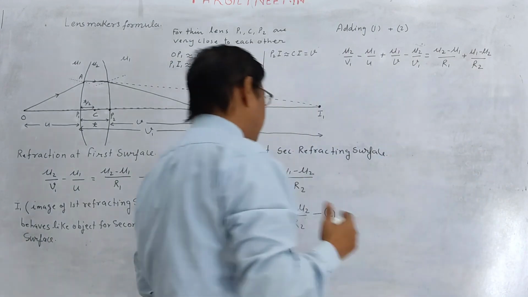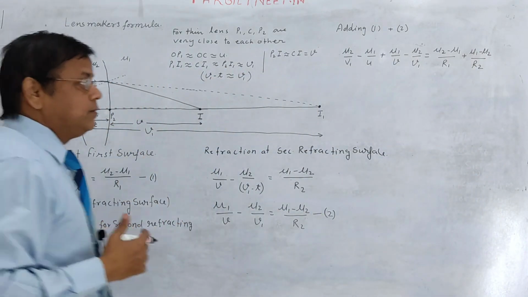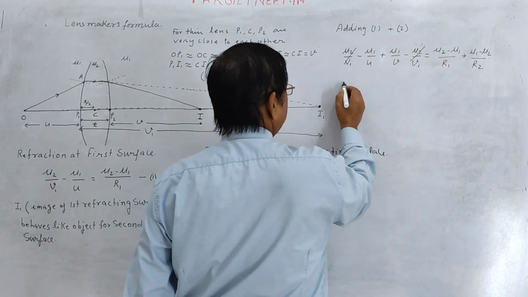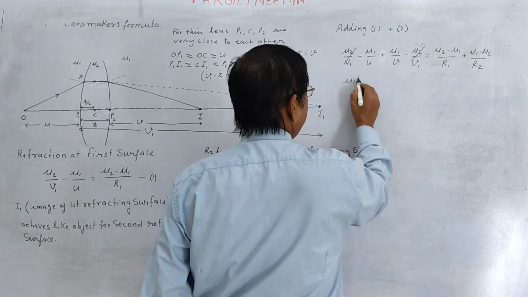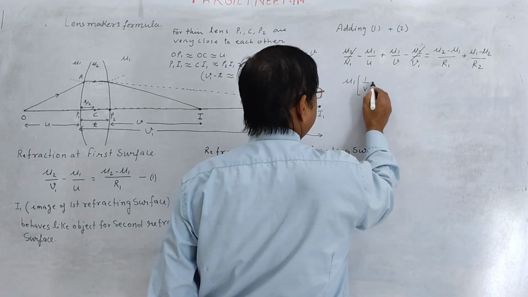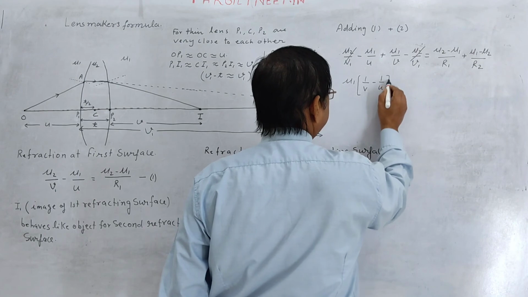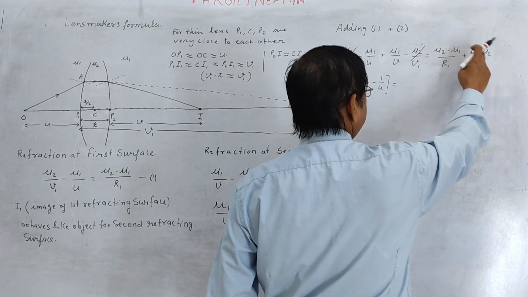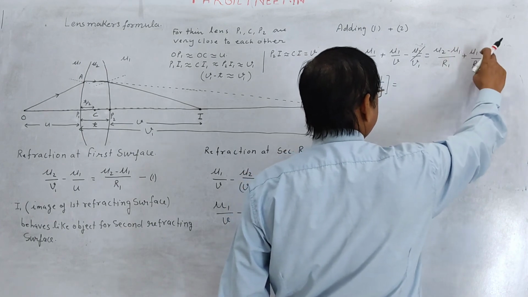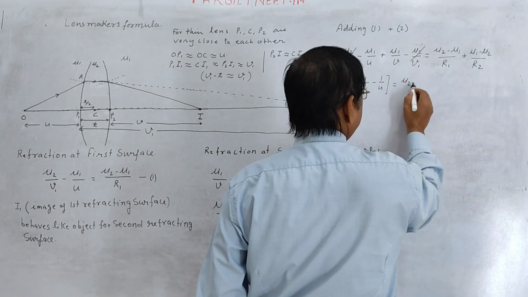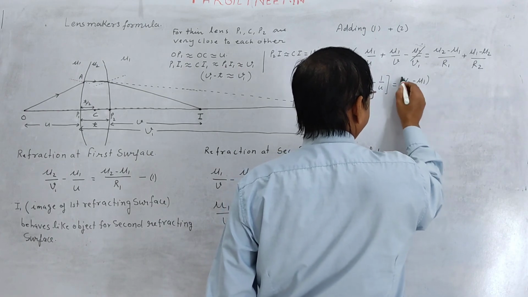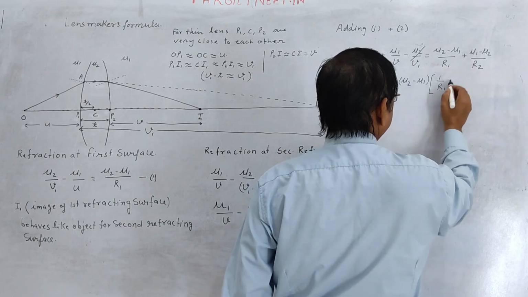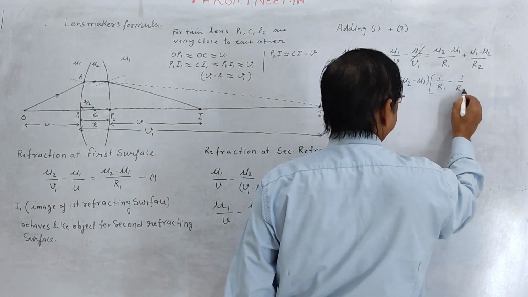This we can write after adding equation 1 and 2. Now see, this and this get cancelled. So it is mu1 times 1 upon V minus 1 upon U, and if I take minus common here, I can write it as minus mu2 minus mu1, and then I can take mu2 minus mu1 common. So here will be 1 by R1 and this side becomes negative 1 upon R2.